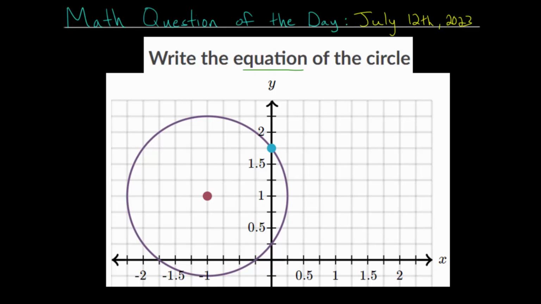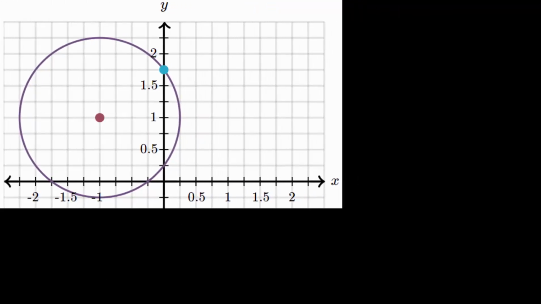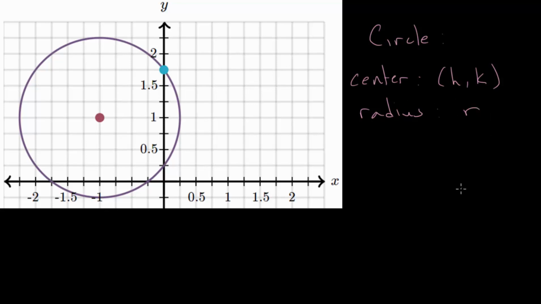Now, assuming that you have attempted the problem, let's start working through this. When finding the equation of a circle, it's helpful to know the general equation. Let's say that we have some circle where the center of the circle is at (h, k), and the radius of the circle, the distance from the center to the edge of the circle, we can say is r.